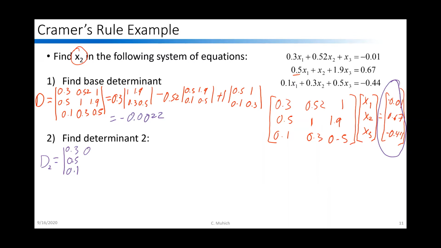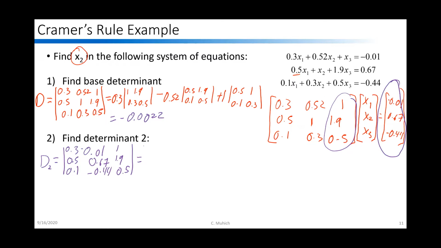So negative 0.01, 0.67, negative 0.44. And then we bring down that third column of our matrix over here. So we have 1, 1.9, and 0.5. We're ready to solve this out again.